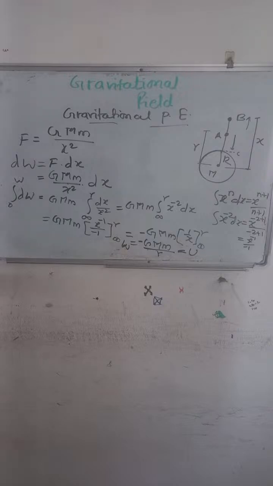This is gravitational potential energy. Here what we got, the negative sign is because we are doing the work against the gravitational field. That's why the negative sign came. This is a very important derivation.